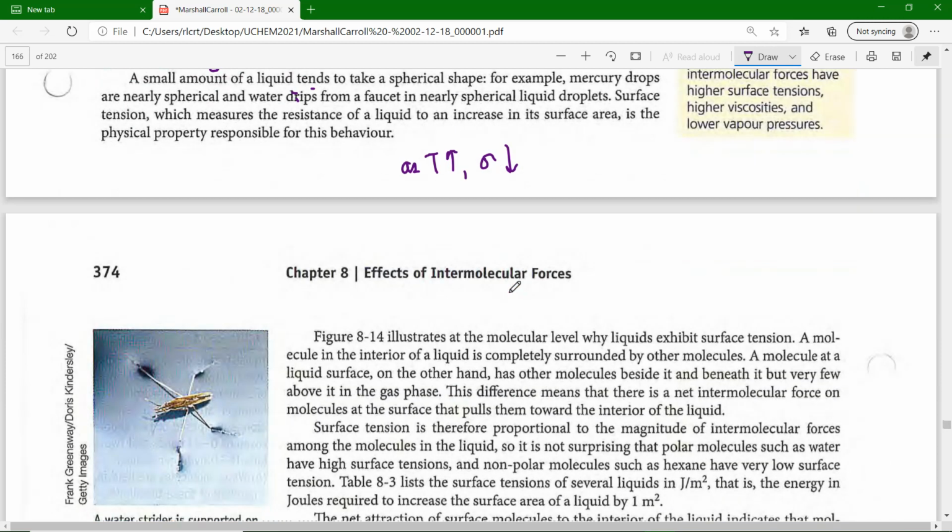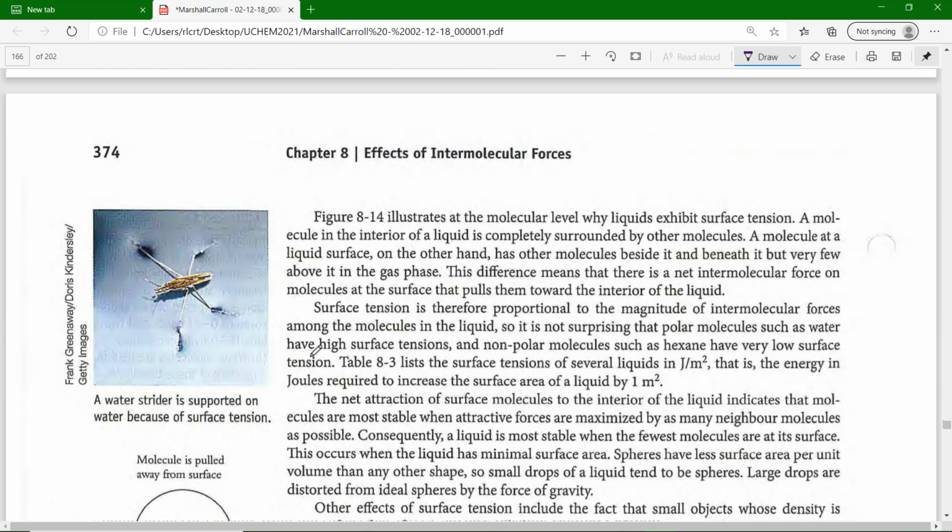And so here we have a cool thing. A water strider is supported on water because of surface tension. I remember as a kid having this little sticker book of insects, and you'd lick the insects and put the stamp down. My favorite one was these water striders or walking sticks because it was so cool. They can walk on water, and you see why.